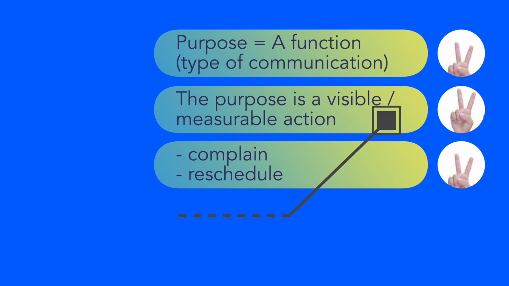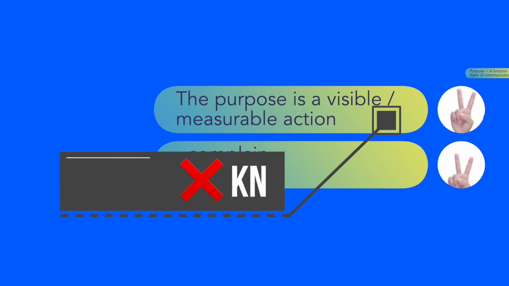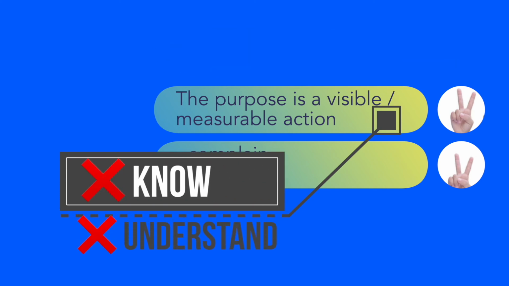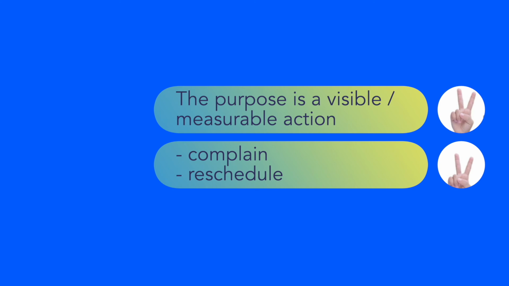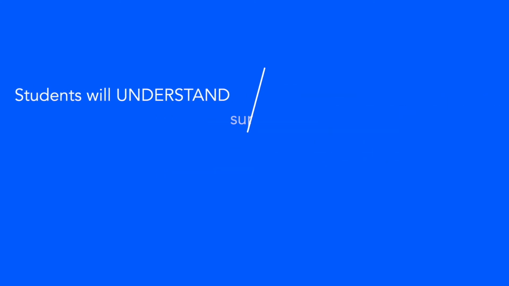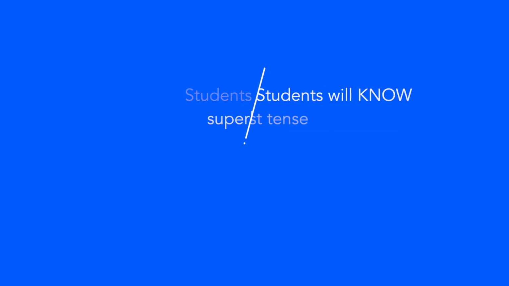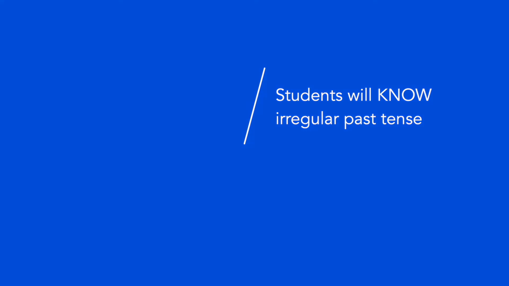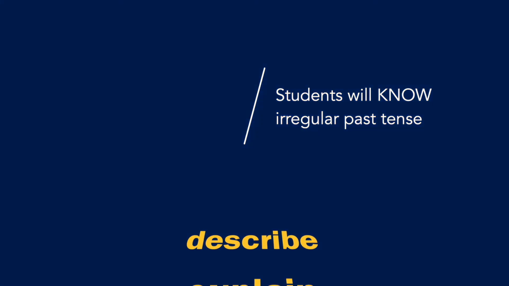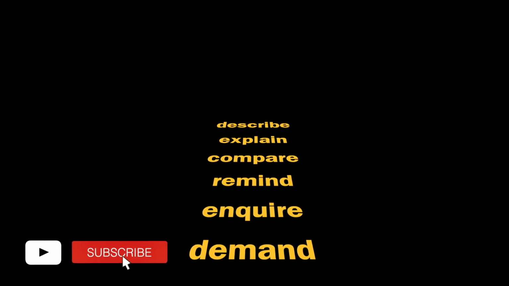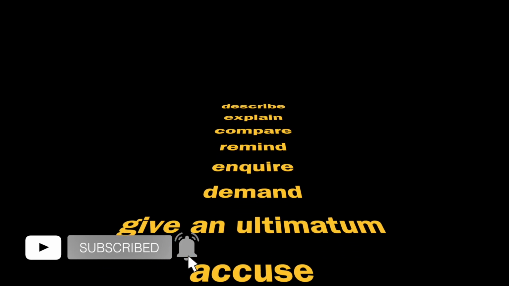What we don't want are words like know and understand, because we cannot see that that is happening. We cannot see that students are understanding superlatives. We cannot see that they are knowing irregular past. So we can use words like this, like describing, explaining, comparing, giving an ultimatum, reprimanding.